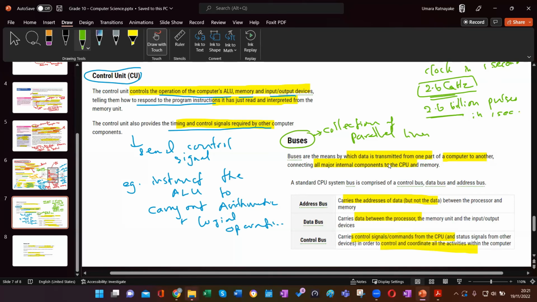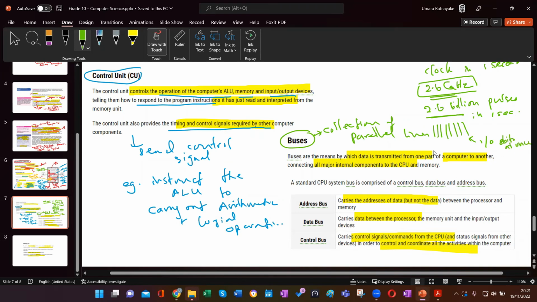And remember, each line can send either 1 or 0 at a time, 1 bit at a time. So if you have 1, 2, 3, 4, 5, 6, 7, 8 parallel lines, you can send 8 bits at once.